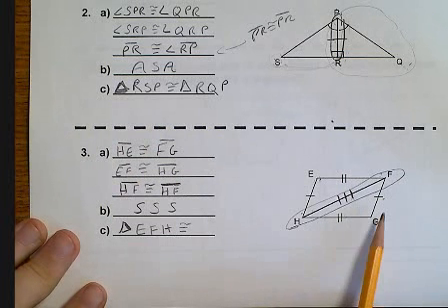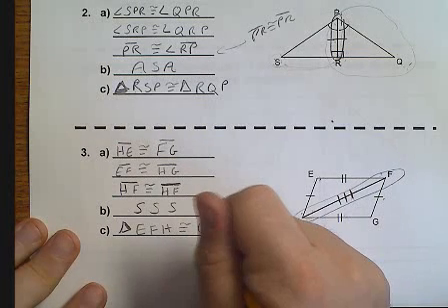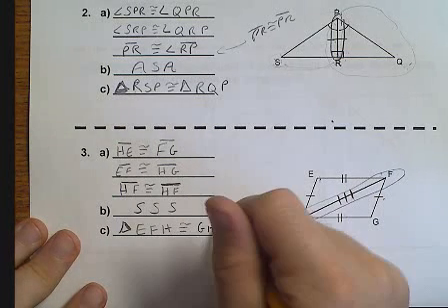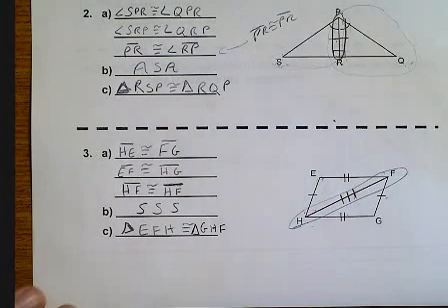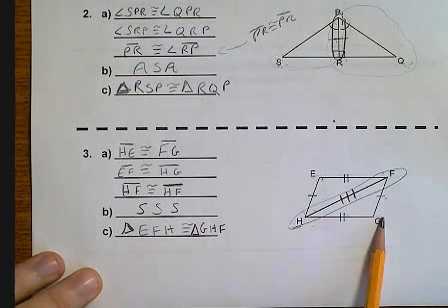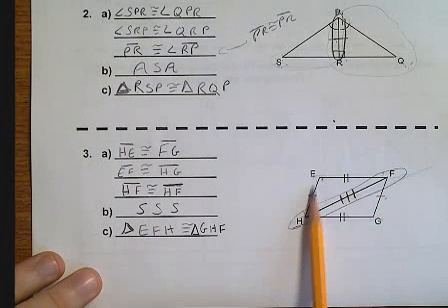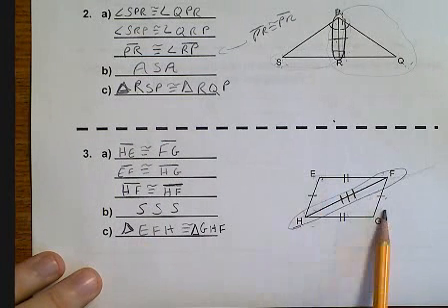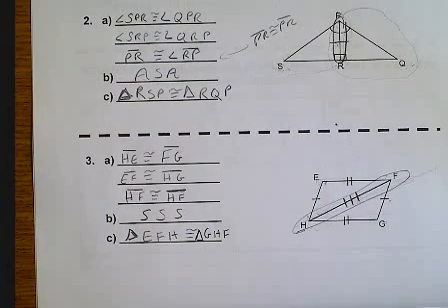Well, to go from 2 to 3, I need to go to G, from G to H to F. Don't forget my triangle sign. So EFH was GHF. 2 ticks, 3 ticks, 1 tick. Just got to make sure that you're going in the same order.